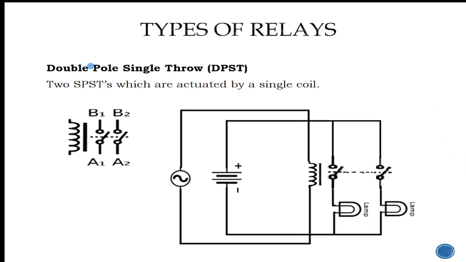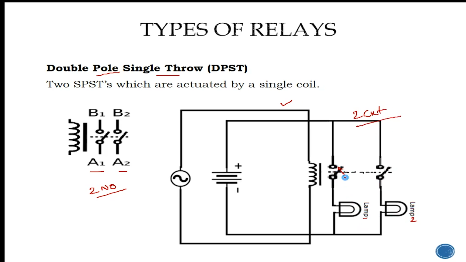Next is double pole single throw. Here you will get two contacts, two normally open contacts. In this example, you can see there are two lamps connected to the normally open contacts. By using a single coil, you can control the two circuits.